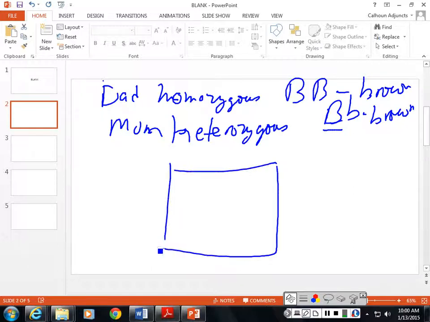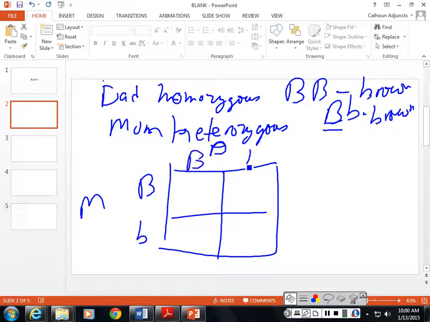So let's make our square. Here's mom, here's dad. So we put big B, little b, big B, big B. We make our combinations. All right.